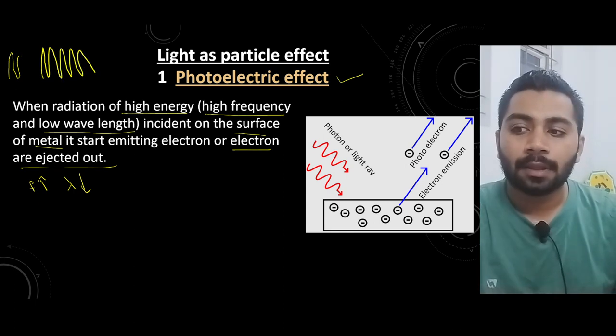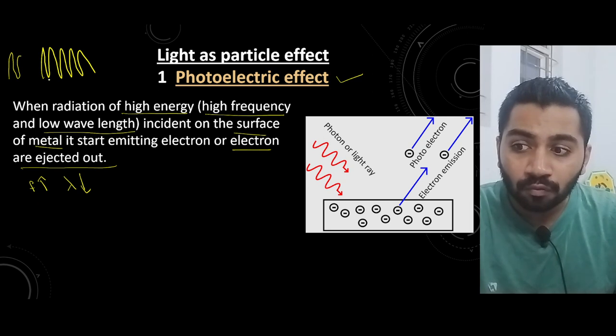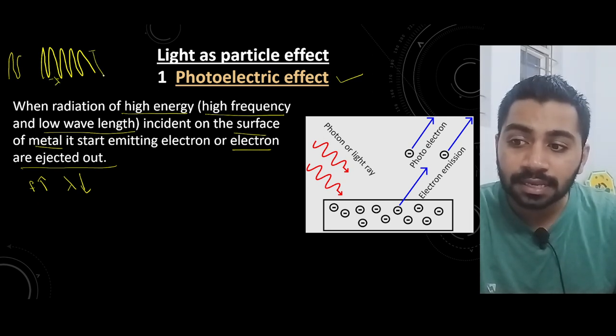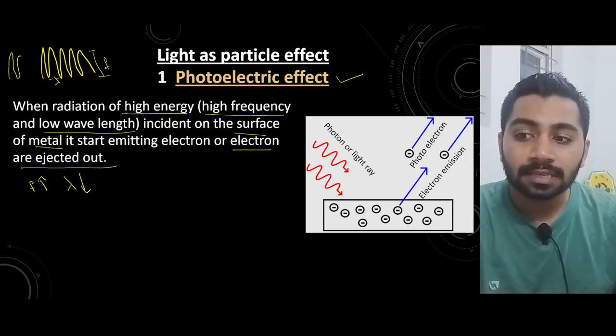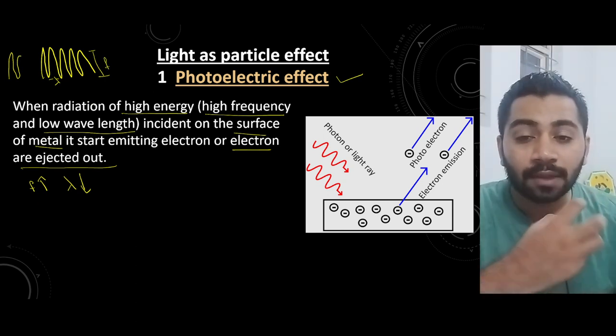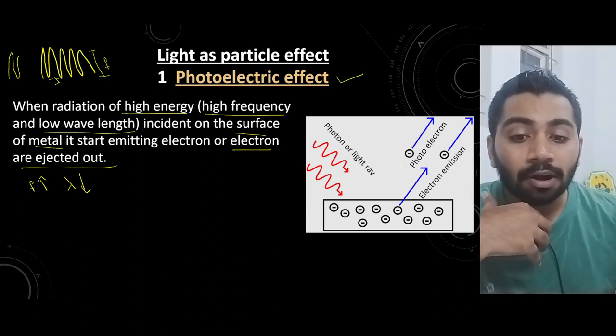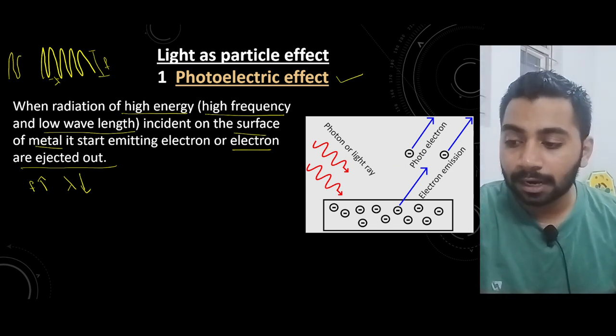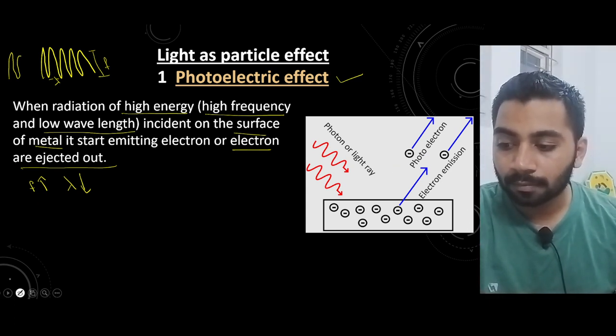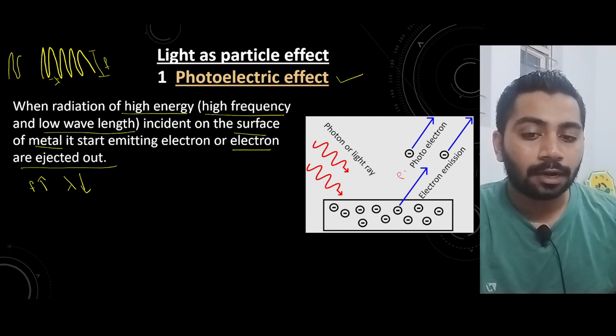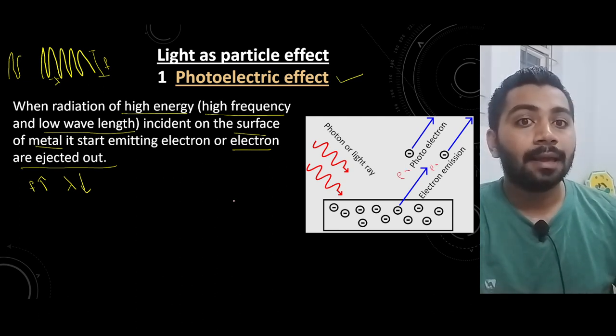High energy and low wavelength. The wavelength is very small and the frequency is high. When such a wave falls on the metal, it starts emitting electrons. See here, electrons are coming outside.